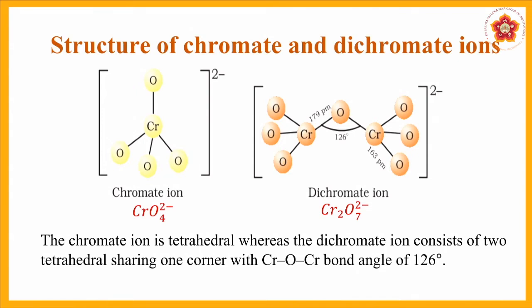Now, the chromate ion is a single tetrahedral structure where chromium is the central metal ion, and the oxygen atoms are the ligand donating systems, whereas the dichromate ion is more of a bridge-like structure where the chromium-oxygen-chromium angle is around 126 degrees.